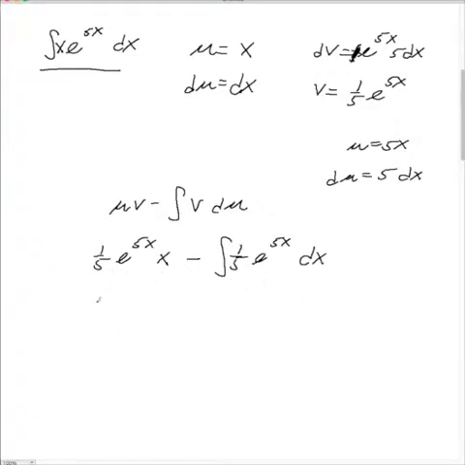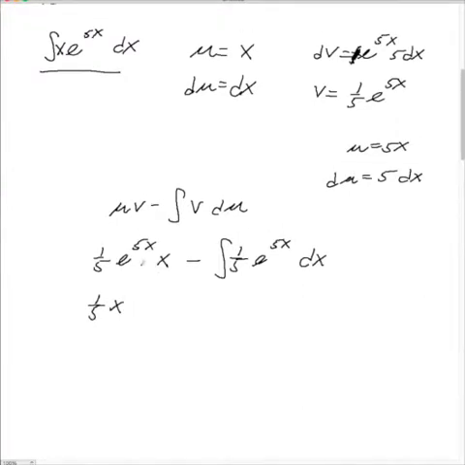So to finish this off, this is going to be 1/5 x e to the 5x minus 1/5 the integral of e to the 5x dx, where this is now basically a u substitution. So u is equal to 5x, du is equal to 5 dx.